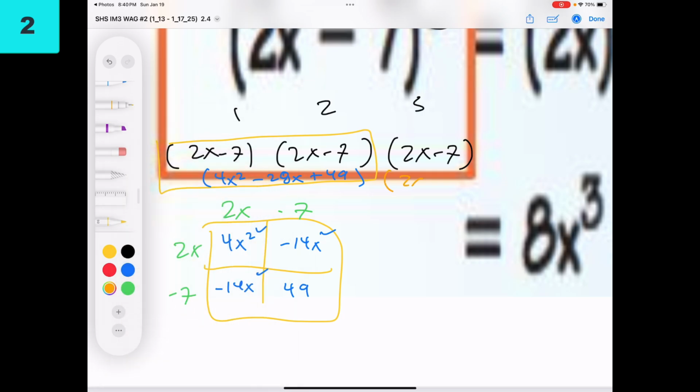Okay, now we're going to multiply it by another one. So 2x minus 7, then what we just found.